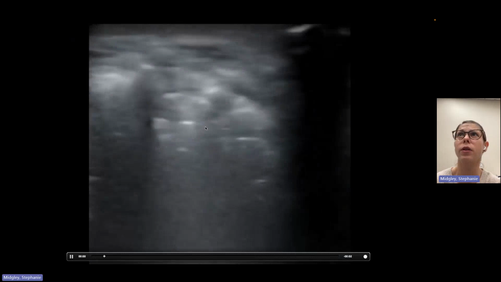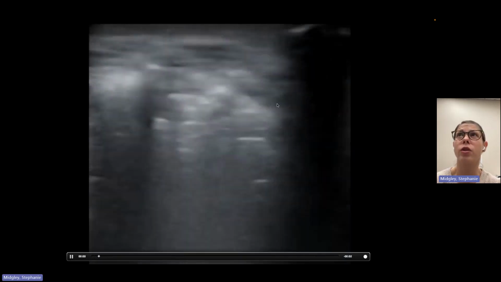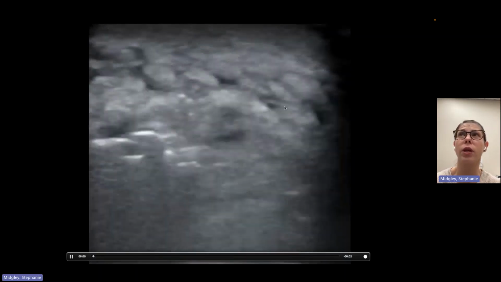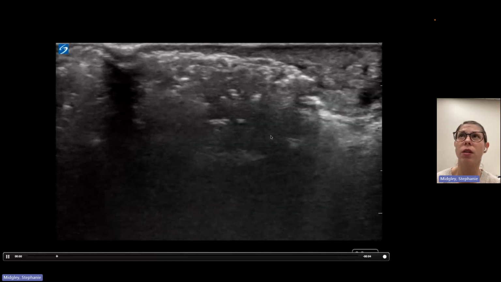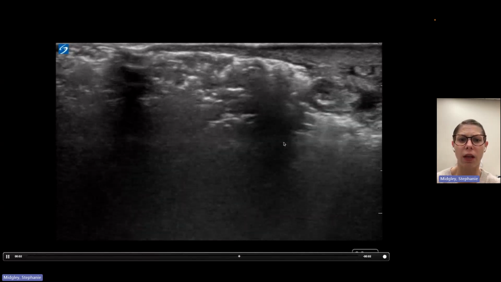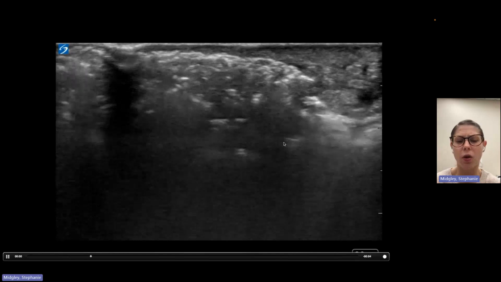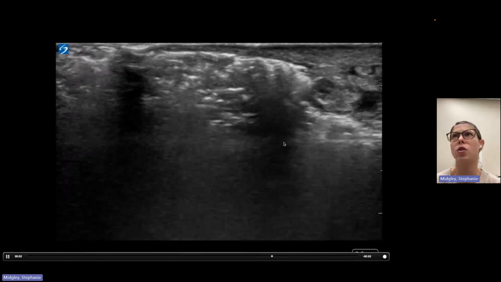Again, here's another example. Lots of air, right? Because you can see how you just lose any information deep to that. As another example, there was actually so much air in this patient. This was a diabetic gentleman that was found with altered mental status, febrile, DKA, super sick.